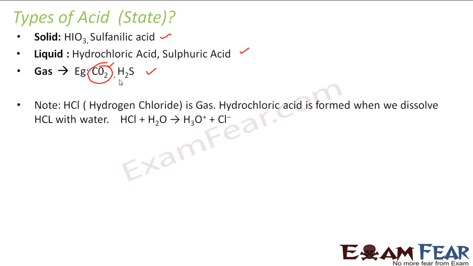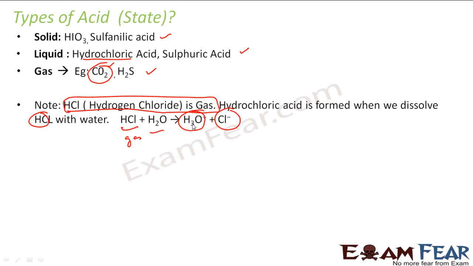Here we have to note that HCl is a gas actually. Hydrogen chloride is a gas, right? Hydrogen chloride and hydrochloric acid are different. Hydrochloric acid is formed when we dissolve this HCl gas in water. In this reaction, you have the gas, you have water, you react, and you get H3O plus and Cl minus.